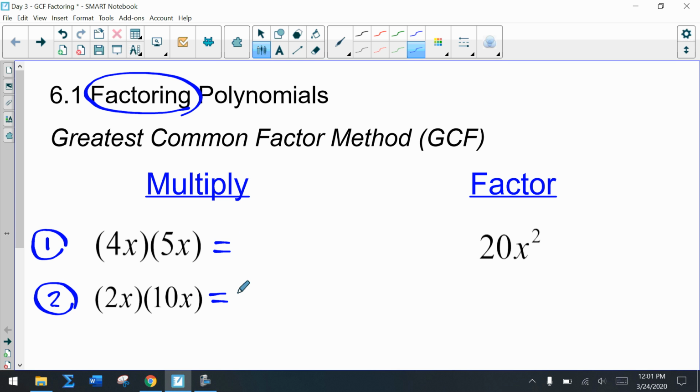And tell me what you get. So the first one is 20x squared. And the second one is also 20x squared. So here we have our products.